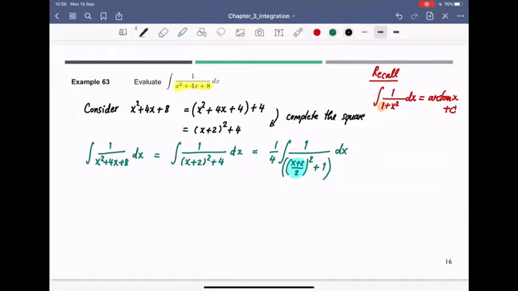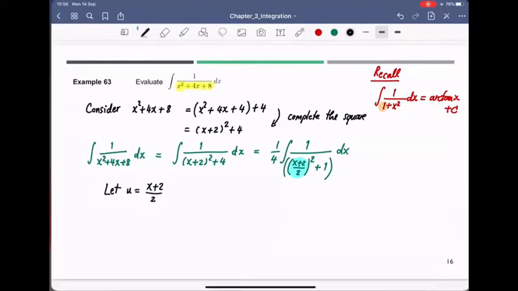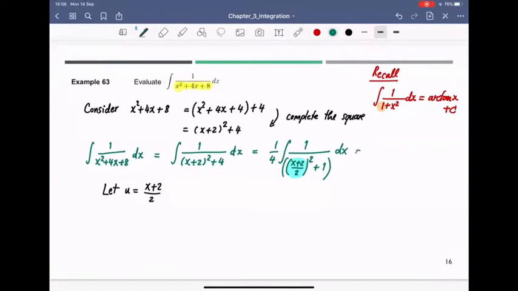So I am going to make a substitution. Let u equal x plus 2 over 2. If I define u to be this, my integral is going to be 1 over 4 times the integral of 1 over 1 plus u squared. Exactly, this is what we want, because we know how to integrate this.